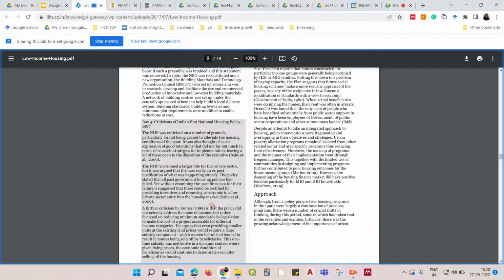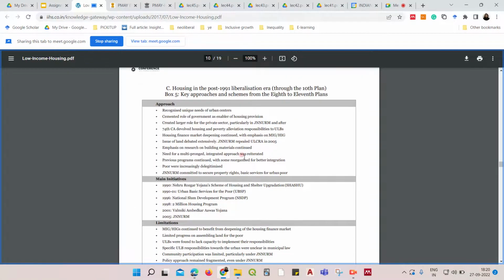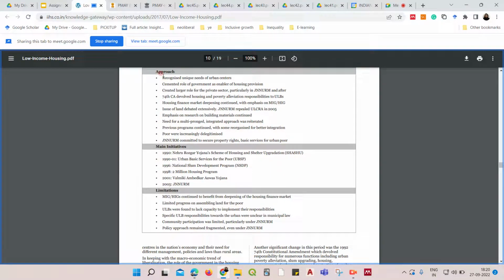And then again you can see the third chunk, which is post liberalization of 1991. I hope you already know what liberalization era schemes are, and you can see the approach used by the affordable housing policies then, the different initiatives which were introduced, and again the limitations of these initiatives as well.